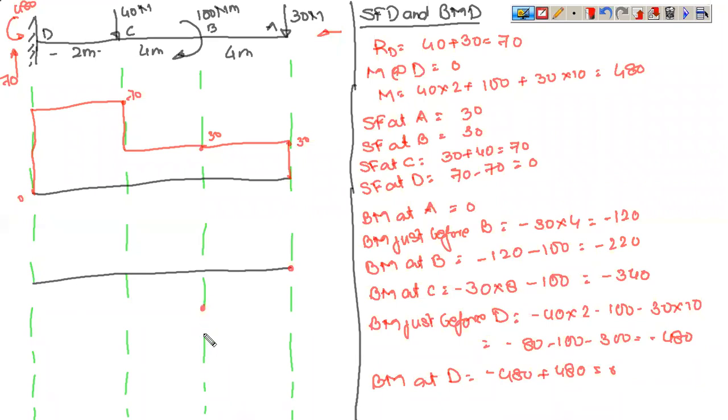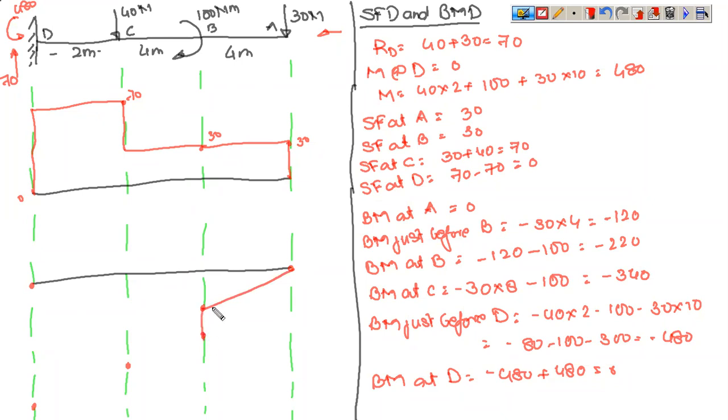Again you have minus 220 here at the same point. Then you have minus 340 here. Then you have minus 480 here. And then you have 0 here. So coming to the variation, from A to just before B, you will be having a straight line variation, because this is due to point load only.